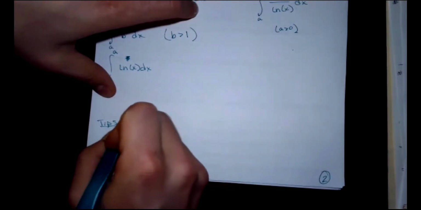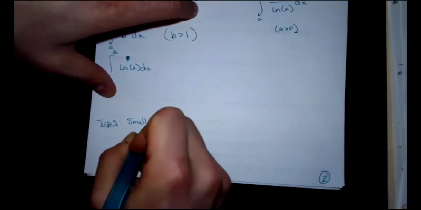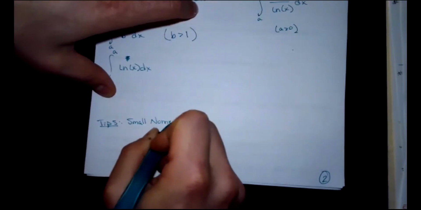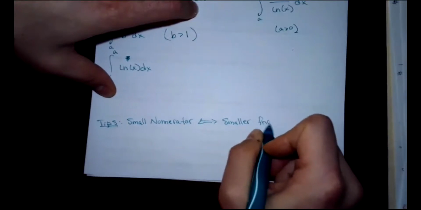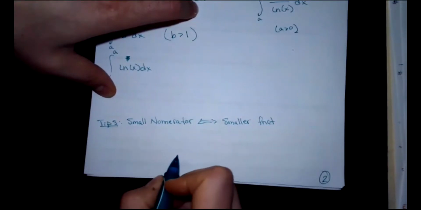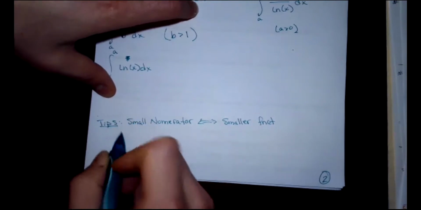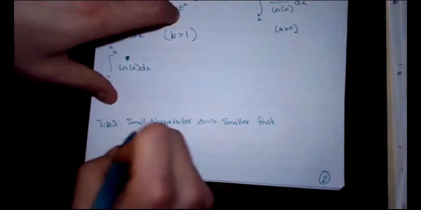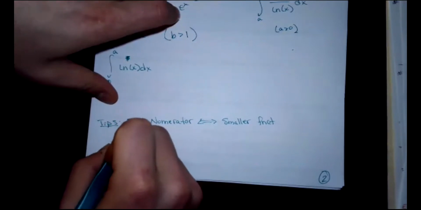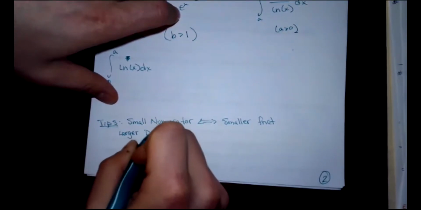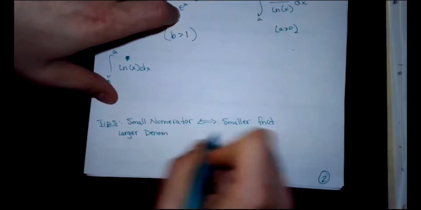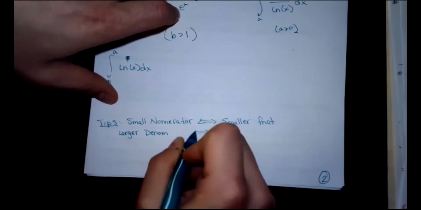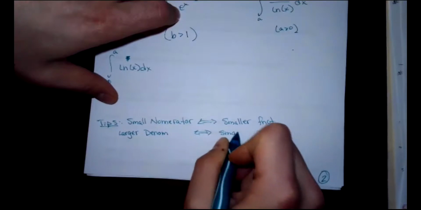So, smaller numerator will make a smaller function. Conversely, you've got the denominator is different. Larger denominator, smaller function.